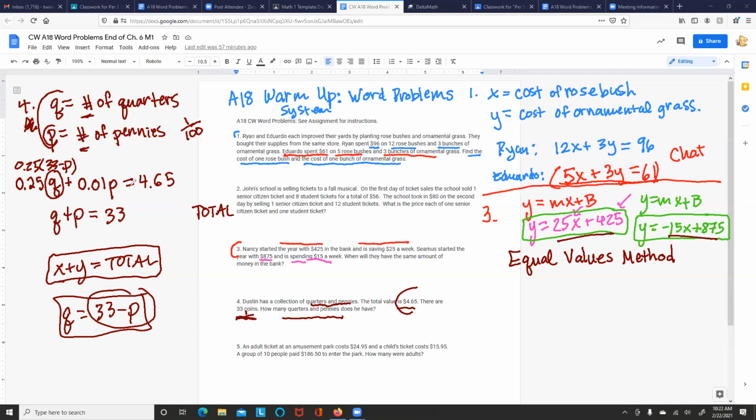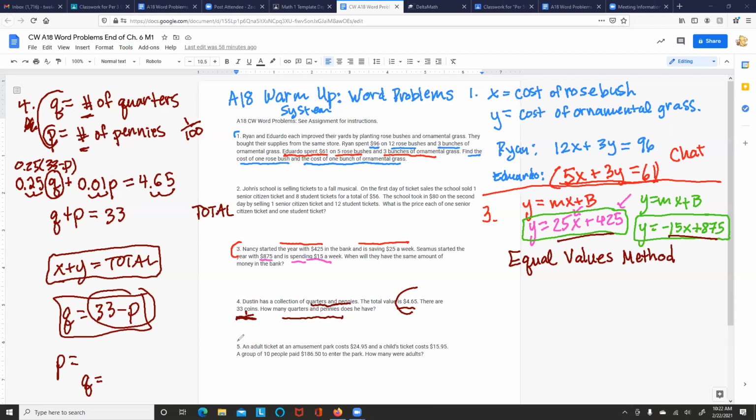And then I'd get rid of these decimals by multiplying by 100. And then I could easily solve for P now, find the number of pennies. And then I would go back and find the number of quarters, and then we'd be done, right? So that's how easy it is to set that up.